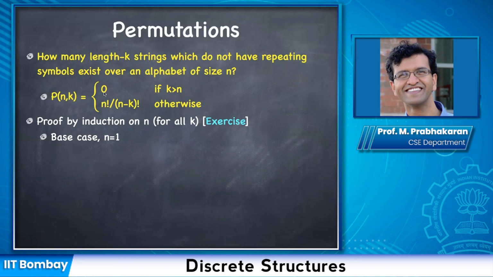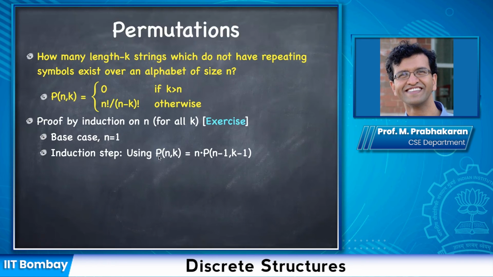When you prove it for all values of k, k greater than n would be the easy case, and k less than or equal to n. In this case, there is only one such k, namely k equal to 1. And so P(1,1) is 1. There is only one string of length 1. And that is indeed 1 factorial divided by 0 factorial. That's 1. That's the base case.